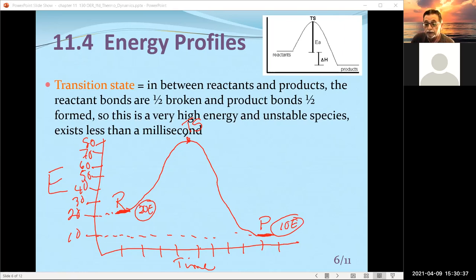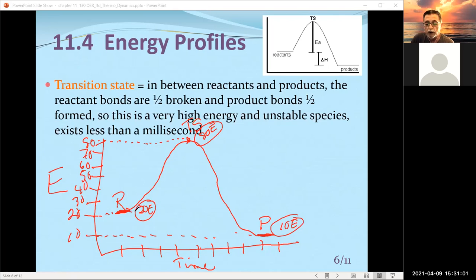That's my transition state. Now, every reaction has a transition state, and that transition state has an amount of energy. For argument's sake, in my scale, which is not to scale, it's approximately 80 units of energy at the transition state.